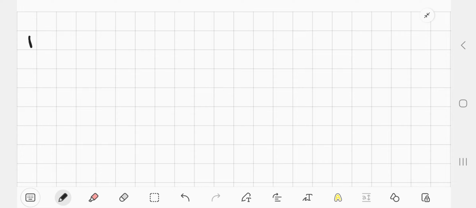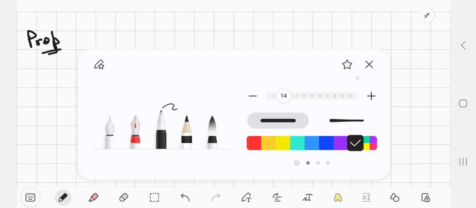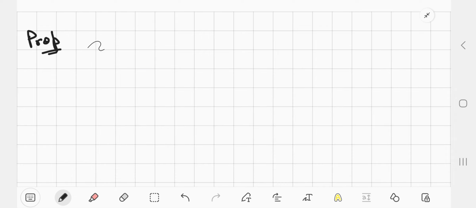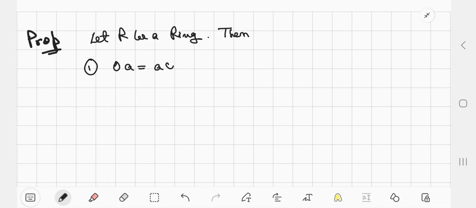Okay, so let me give this as a proposition. Let R be a ring, then number one is that 0 times a is the same as a times 0, which is the same as 0.